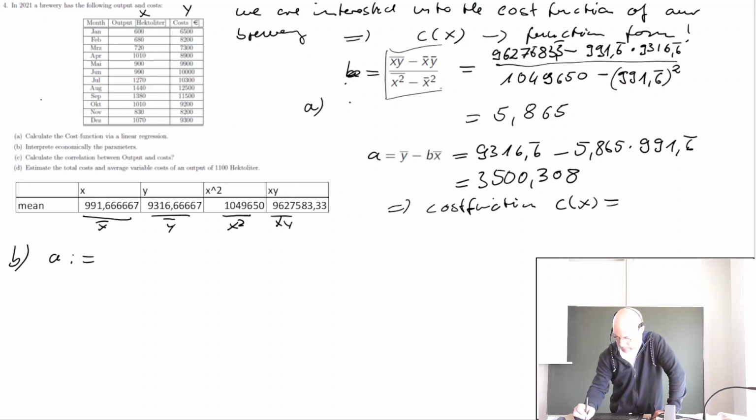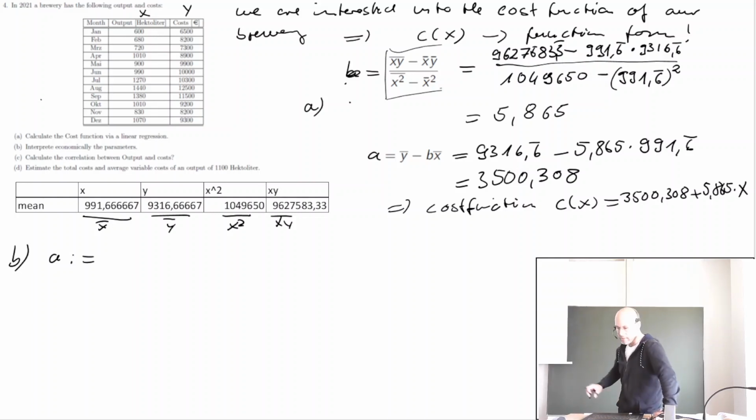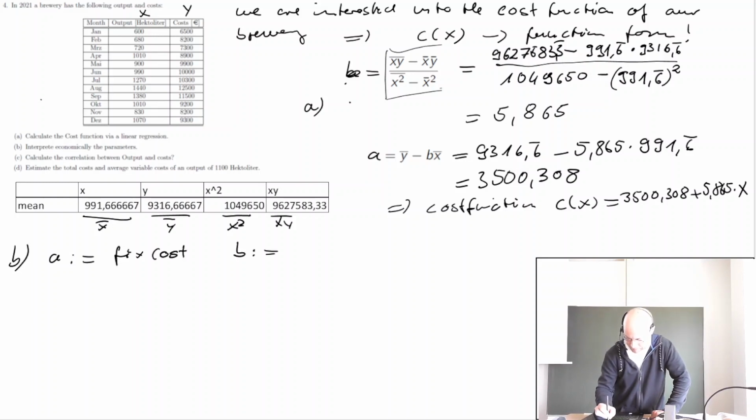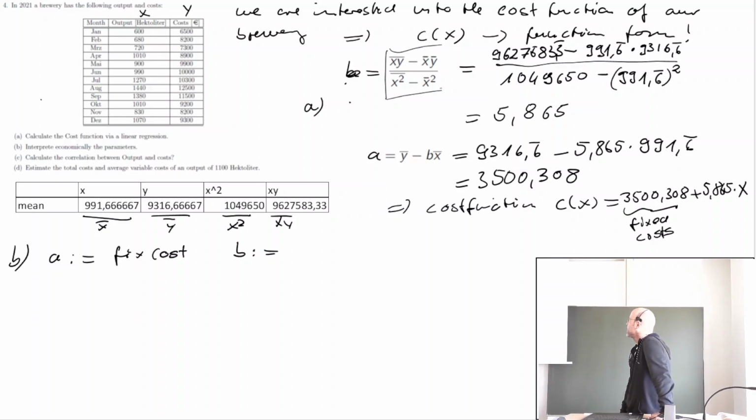C of x is 3500.308 plus 5865 times x. Fixed cost, great. These are just fixed cost. And the variable cost is just the other part.